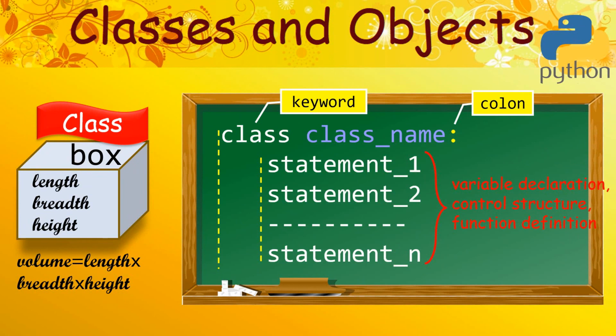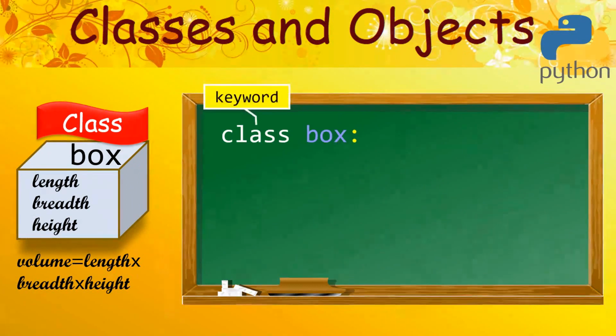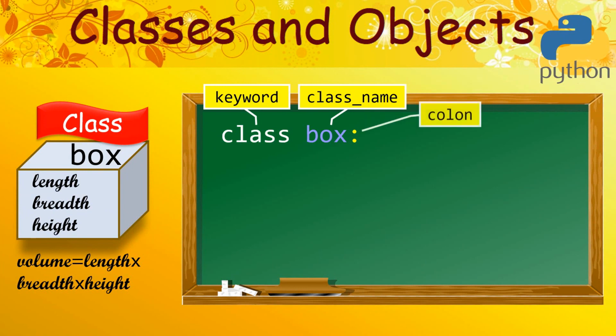Keeping this syntax, let me now create my own class called box. Class box colon. Class is the keyword to be used. Space. Box is the class name. After the class name, you place a colon.